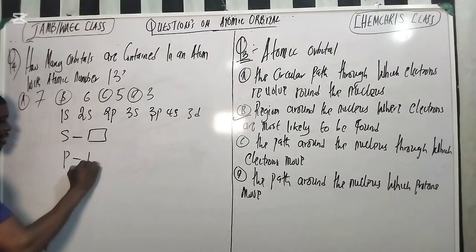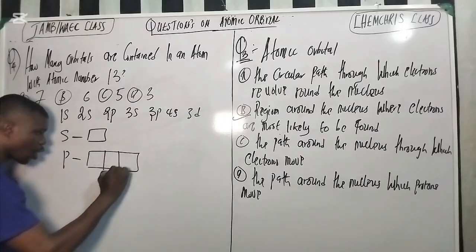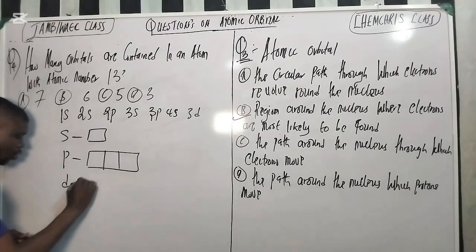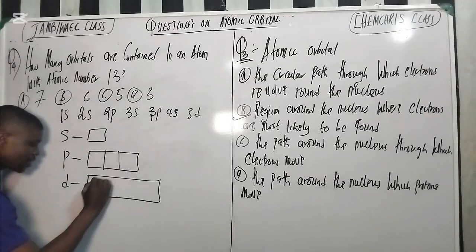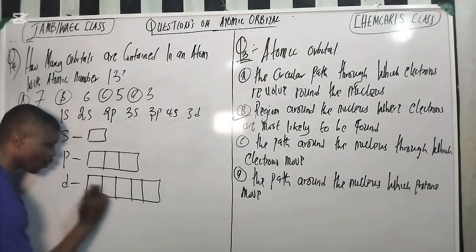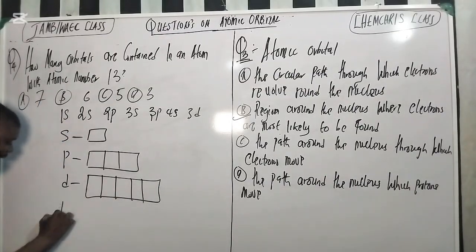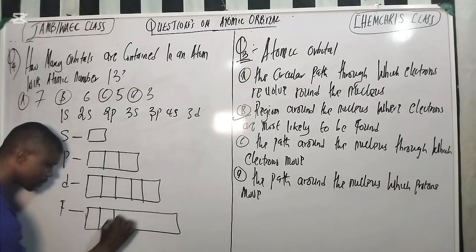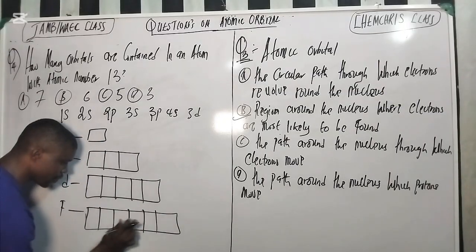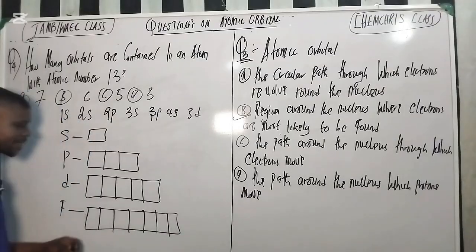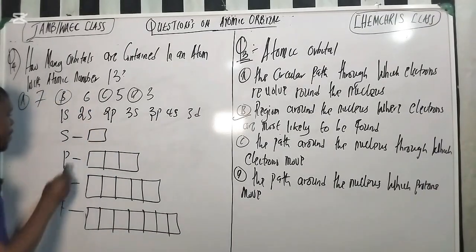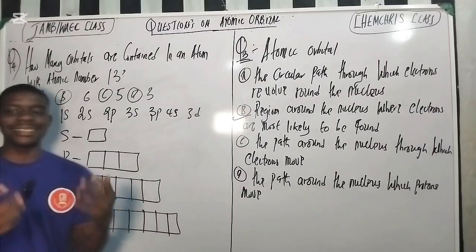The p orbital contains 3 suborbitals. The d orbital contains 5 suborbitals: 1, 2, 3, 4, 5. And the f orbital contains 7: 1, 2, 3, 4, 5, 6, 7. So you need to pay close attention to this.